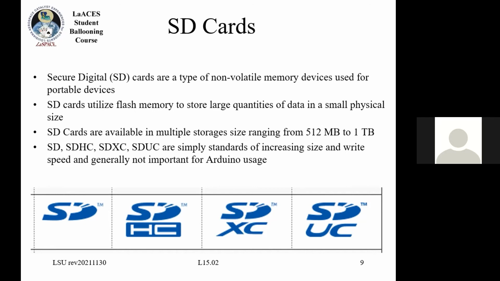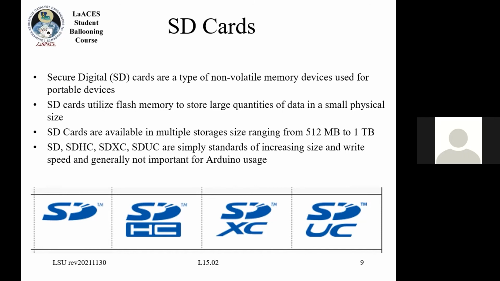There was something called compact flash before this. But SD cards are very common these days, particularly micro SD cards, which are the smallest size. All they are is a chunk of flash memory, and you can store a large amount of data in a very small physical size.